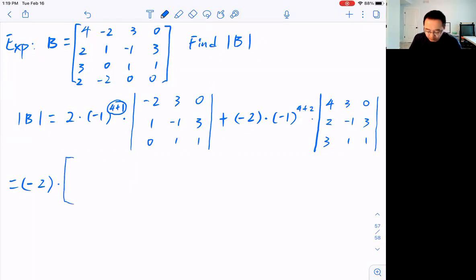The determinant of this 3 by 3 matrix is 0 times this cofactor, which is from this point right here.